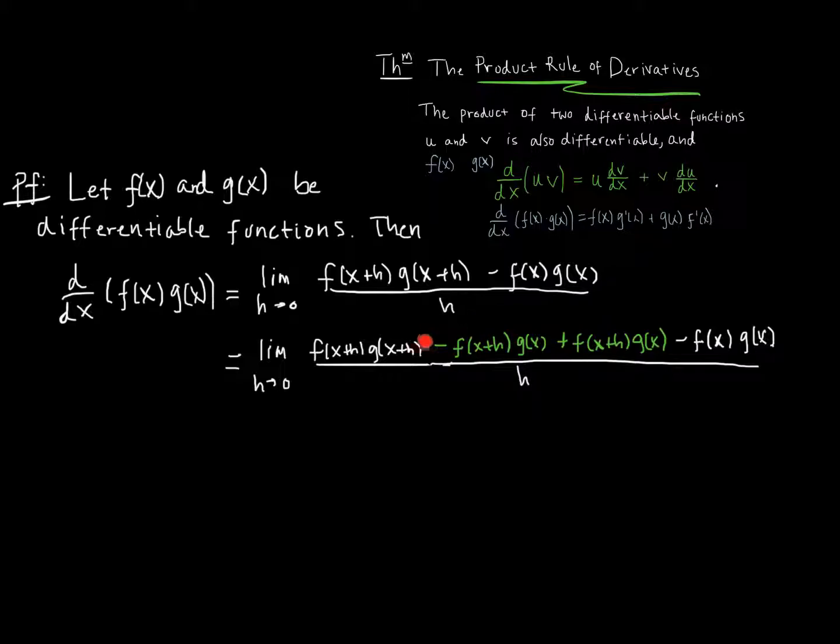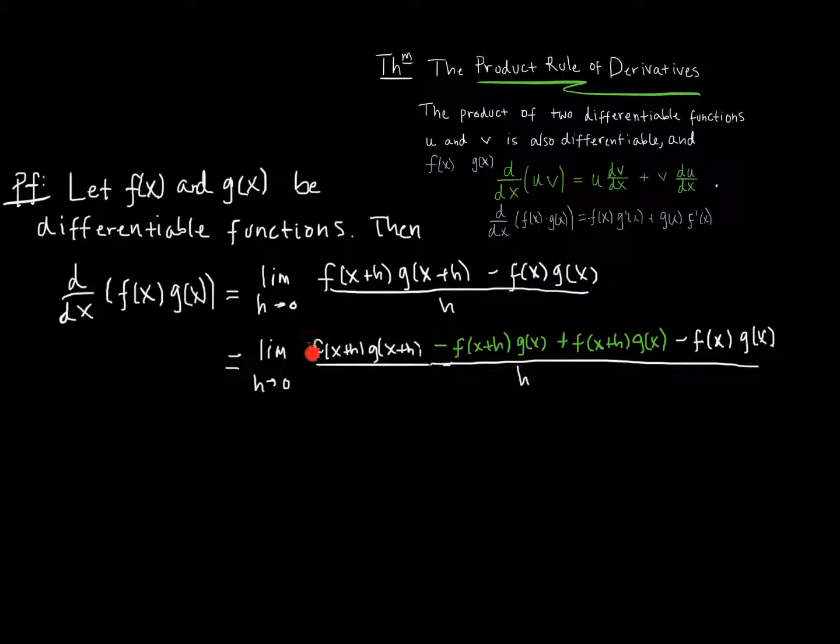So I've subtracted and added the exact same thing. So I have not changed the value of my numerator in any way. But with this little insertion, I have allowed myself to factor in a way that will allow me to evaluate each limit.